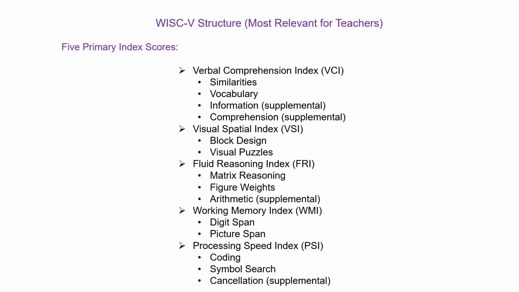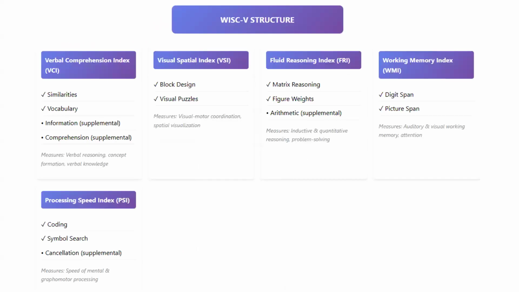Here, there are 5 primary index scores. This one is the verbal comprehension index, like that. There are visual, fluid reasoning index. Each one by one they take. Working memory index, digit span and picture span, like that. Processing speed index, coding, symbol search, like that. There are a lot of parts. I think we needn't go in depth on this.